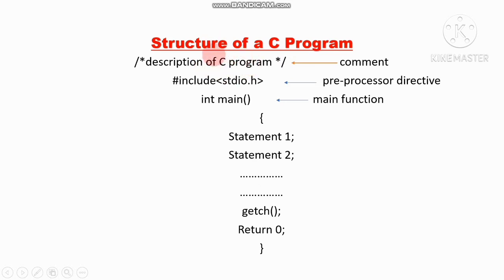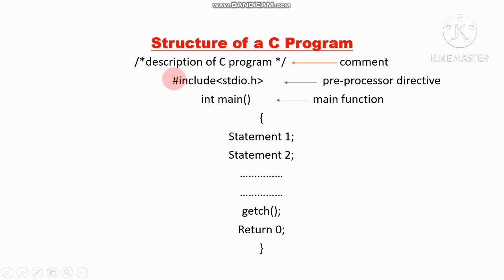The compiler will not execute this line, so this symbol is used, and that is called a comment line. There are different types of comment lines: single line comment and multi-line comment. You can write your comment in a single line, or in multiple lines, which is called a multi-line comment.